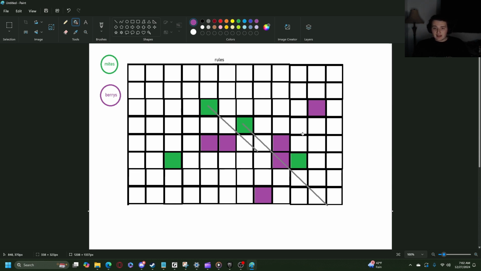Now, let's say that you were to get to a point where, say, this clump is everything. Going past this point, there's not many berries.